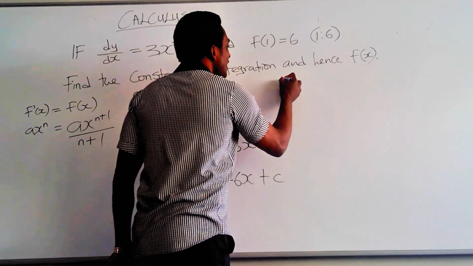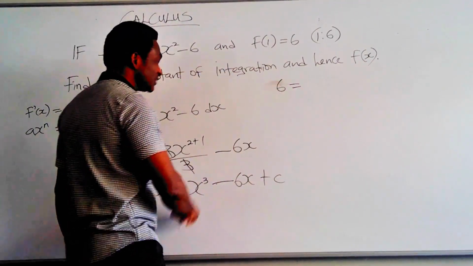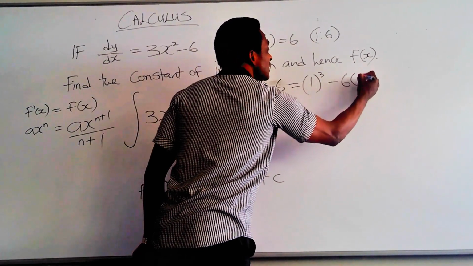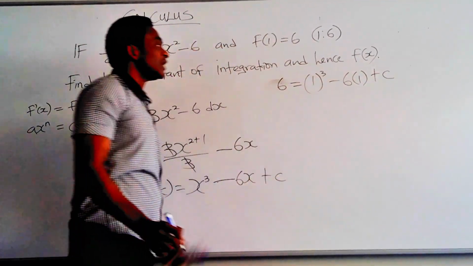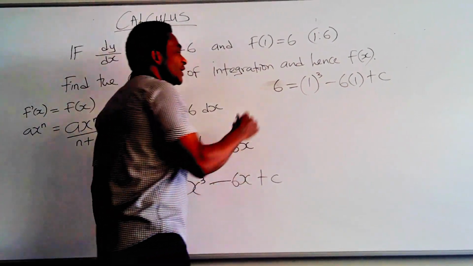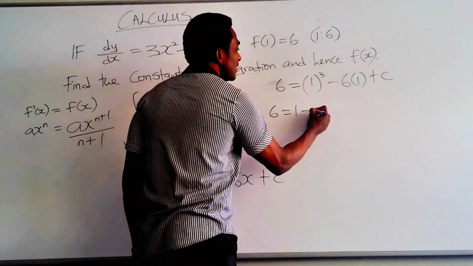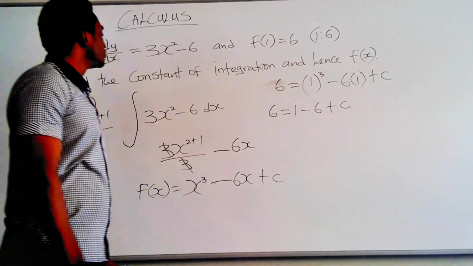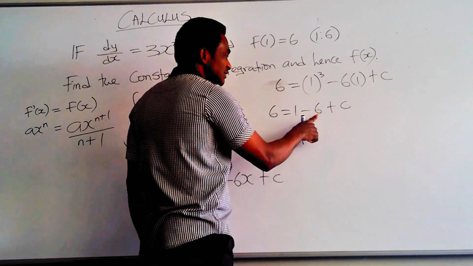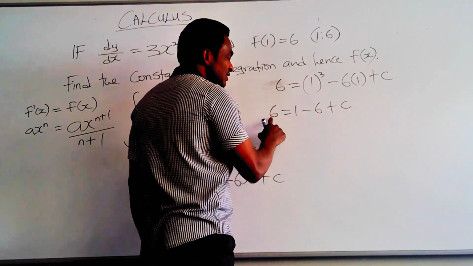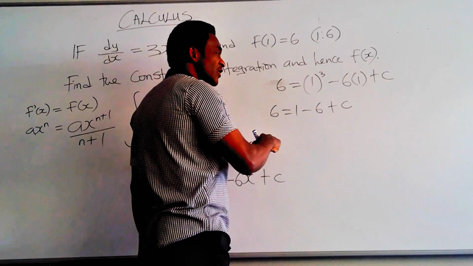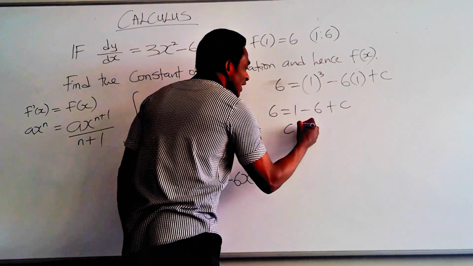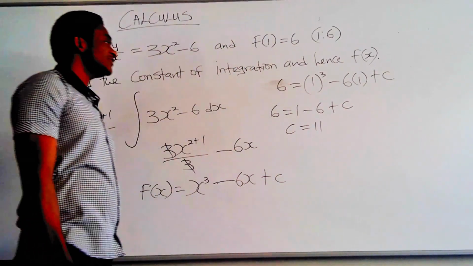That means when we have 6 for y, on this expression, we will have 1 cubed minus 6 times 1 plus c, so that we can get our c from there. So we have 6 equals 1 minus 6 plus c. So 1 minus 6 is minus 5, and the minus 5 coming over becomes plus 5. 6 plus 5, 11. So we have c equals 11.